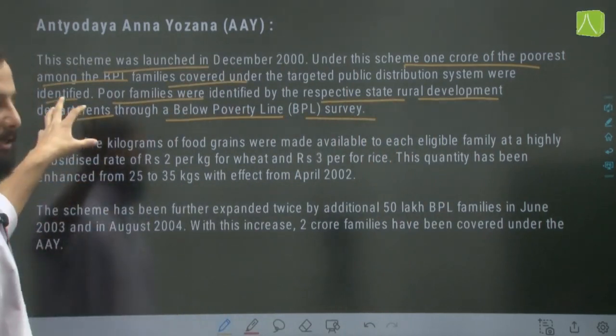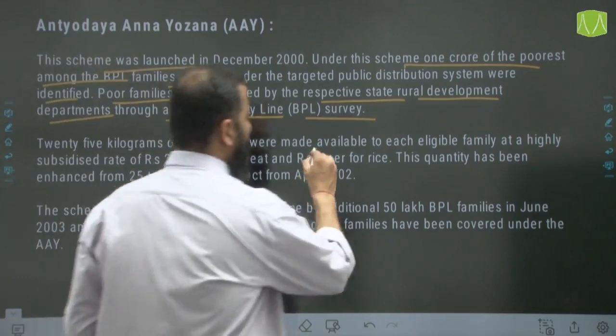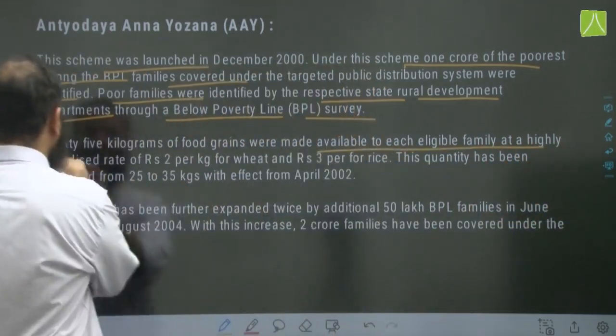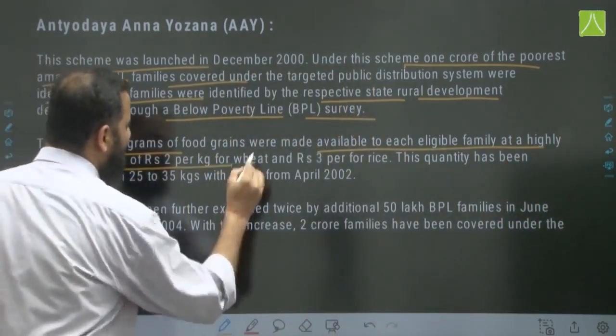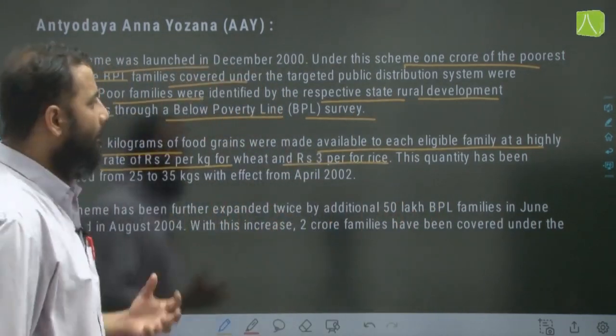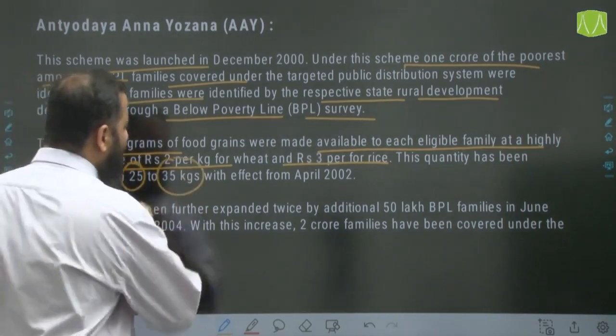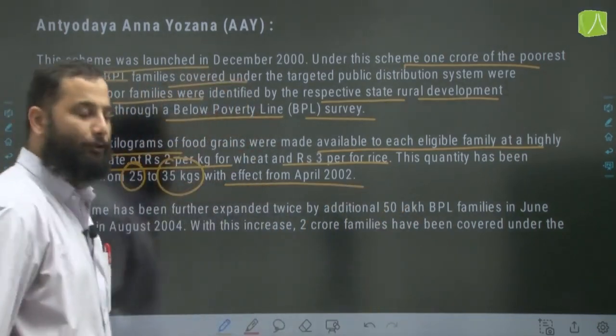Earlier, 25 kilograms of food grains were made available to each family at a highly subsidized rate of 2 rupees per kg for wheat and 3 rupees per kg for rice. The quantity was further enhanced from 25 to 35 kgs with effect from April 2002.